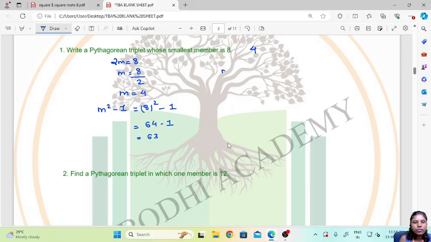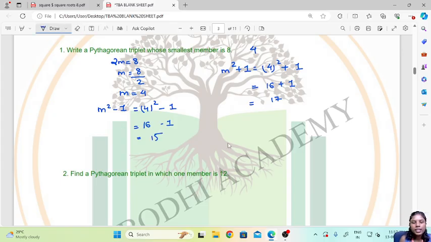Then last we have m square plus 1, that is equal to m square again, 4 square plus 1. So 4 square is 16 plus 1, you get 17 here.